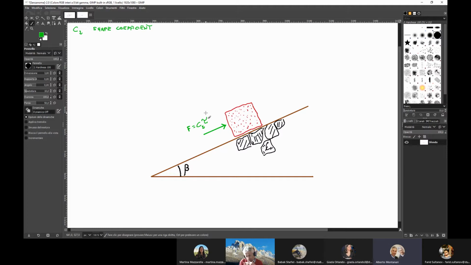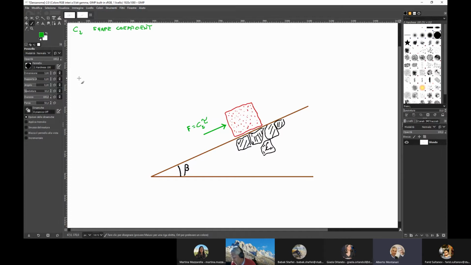So this is, as I said, the shear stress, which tends to push the elements, the units of the groin up. Okay, so we will see how to compute this tau. And intuitively, it depends on what? It depends on the velocity of water. If you have water that runs up very quickly, then you have a higher tau.